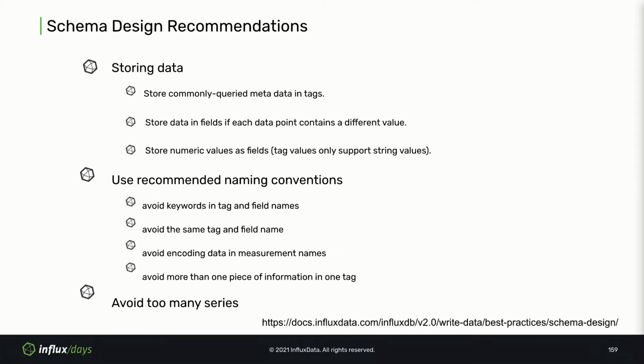Finally, you want to avoid ending up with too many series. Your tags can contain highly variable information like unique IDs, hashes, and random strings, and each of those things can lead to a large number of series. Sometimes we call this high cardinality.